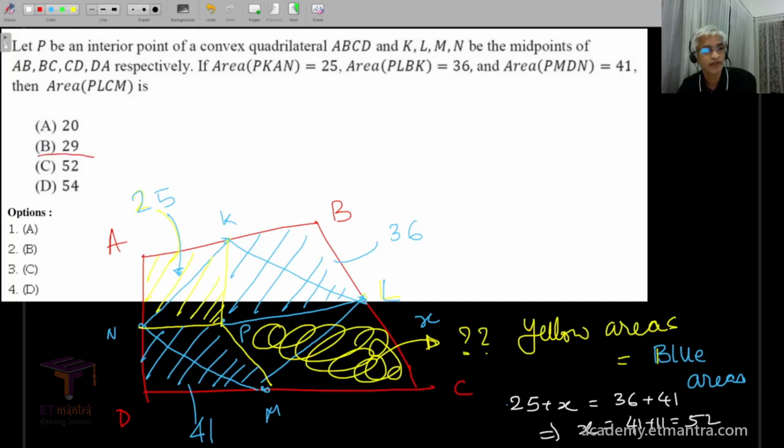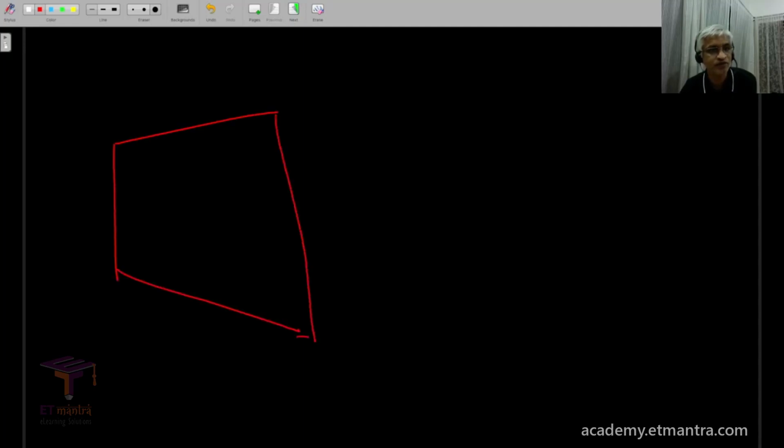So how does one realize that the yellow areas are equal to the blue areas? So let's look at the standard results. We don't need to refer to the problem anymore, so I shall now discuss why it is so. First, let's look at what happens when, this is something that you must have surely met, you join the midpoints like this and midpoints like this.